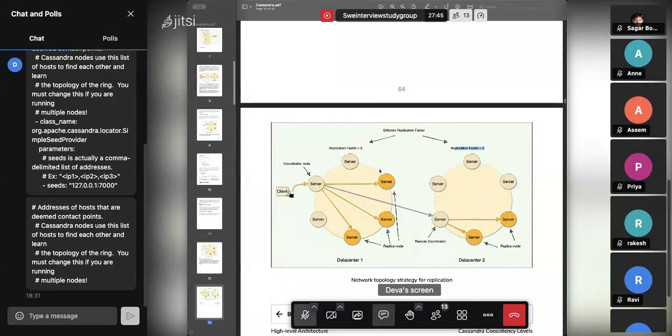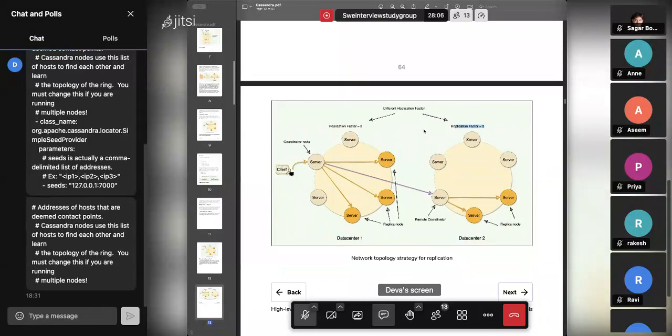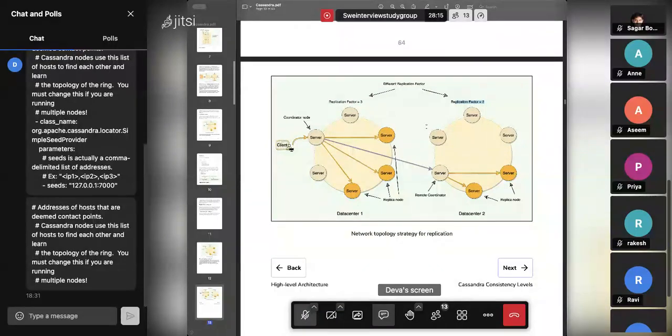And if you have another data center in the network and you have mentioned replication factor, then it can be on that other data center as well. So key space level replication factor applies. If you have multiple tables, they will replicate accordingly. Say you have a department table again, whatever is at the key space level, three replication in data center 1 and 2 replication in data center 2. That's how it will go.